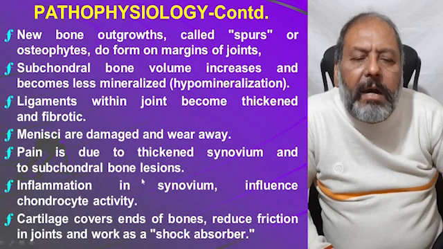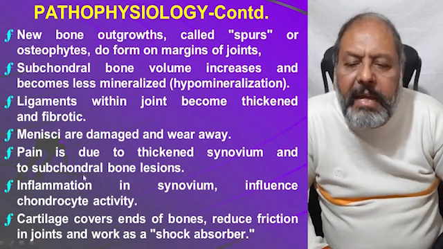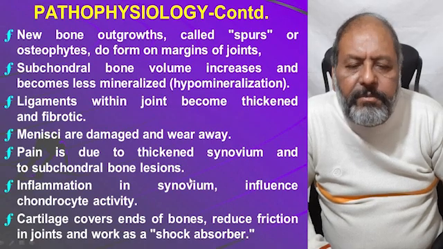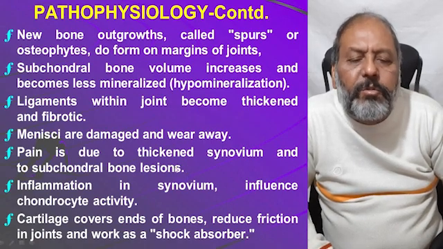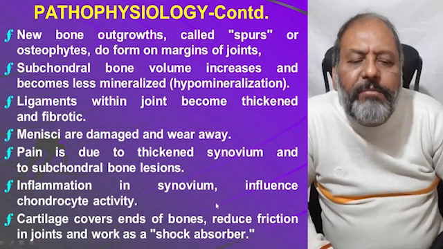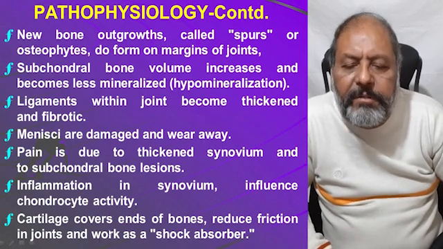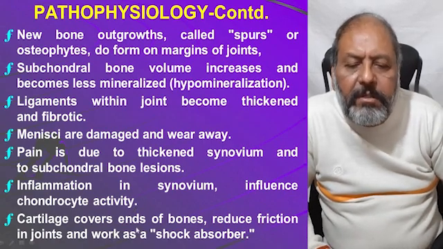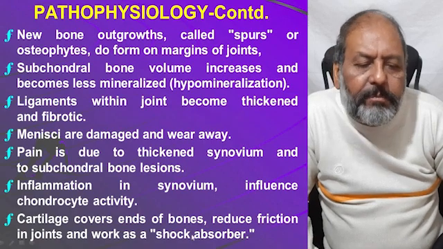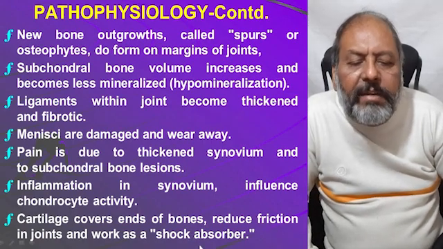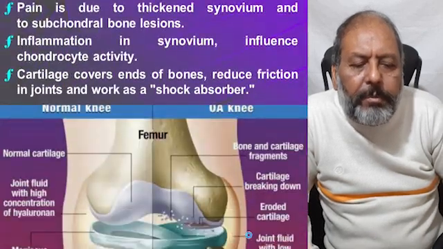Pain is due to the thickened synovium and to the subchondral bone lesion, as the cartilage is not able to protect the bone. Inflammation in the synovium influences chondrocyte activity, and cartilage, which covers the ends of the bone, normally reduces friction in joints and works as a shock absorber.